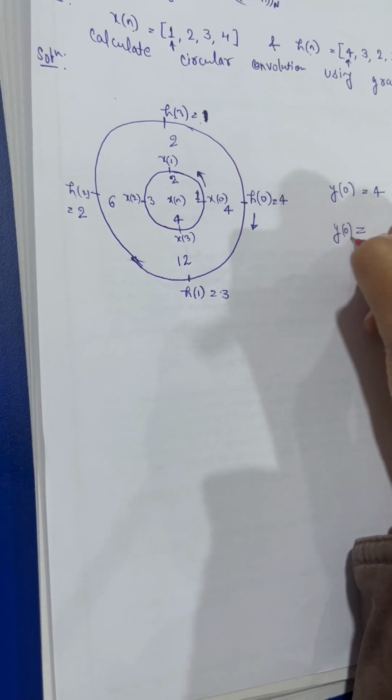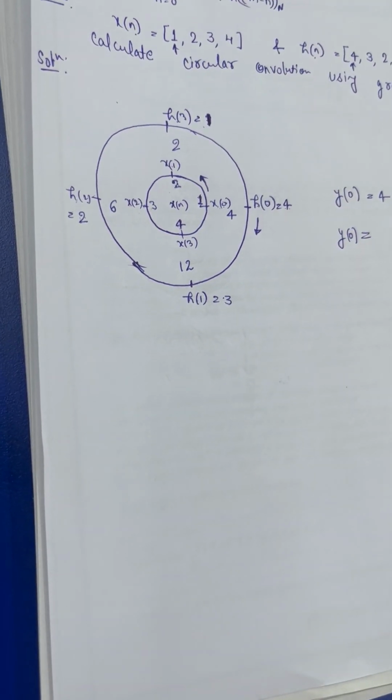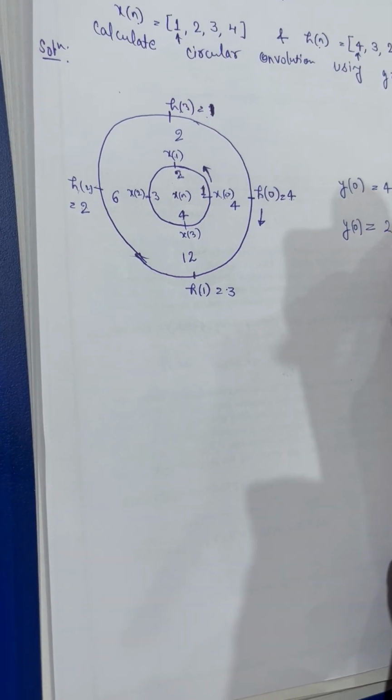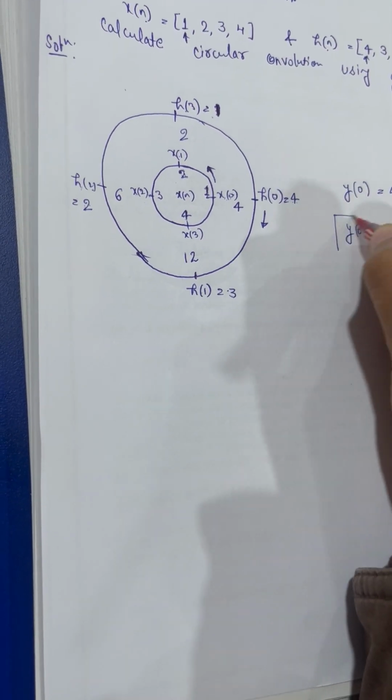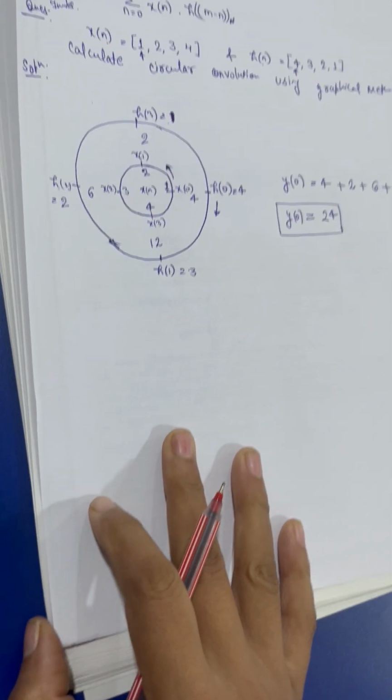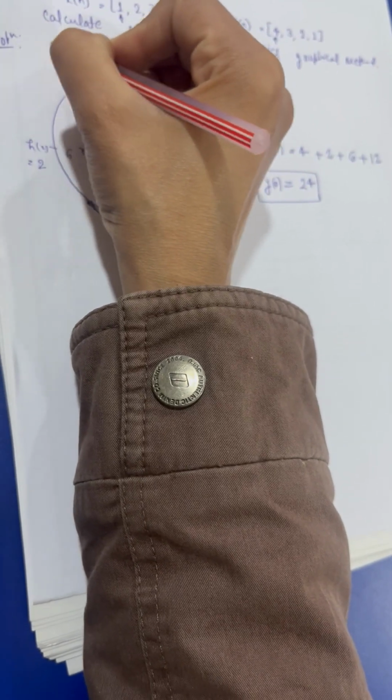What is the value of y0? That is 24. So we get the first value of the sequence in step 1.